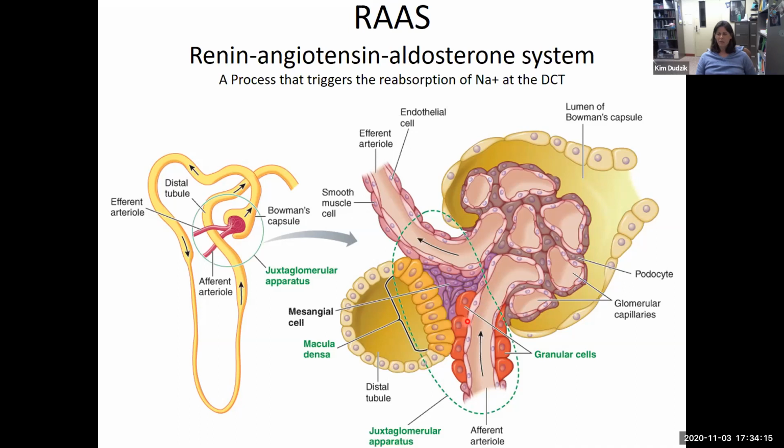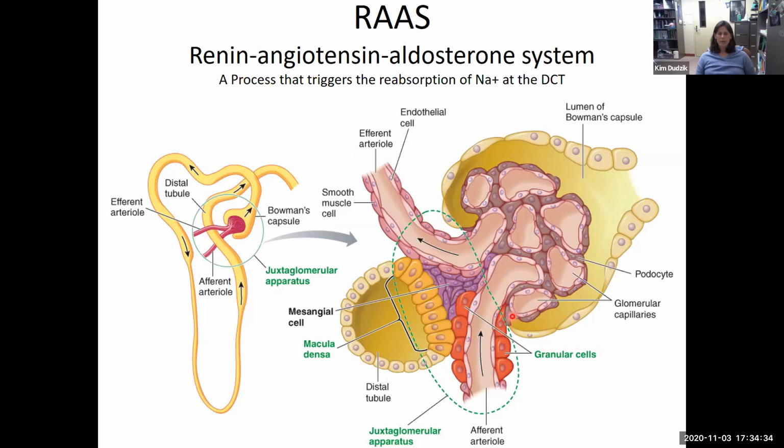But then I said there were specialized smooth muscle cells at the afferent arteriole. These are called granular cells. Granular cells can release renin. This is a hormone that starts this whole process.